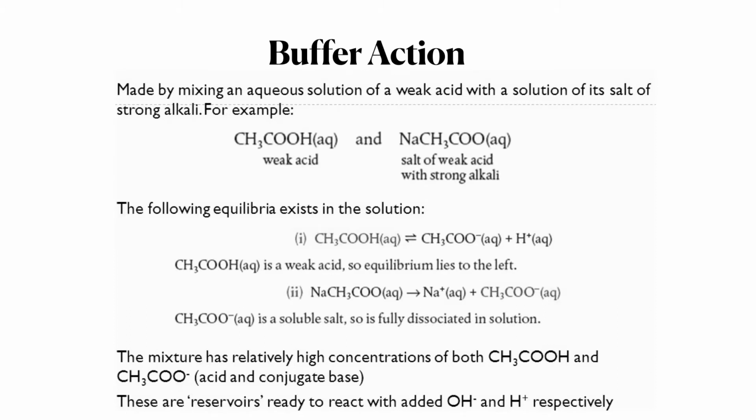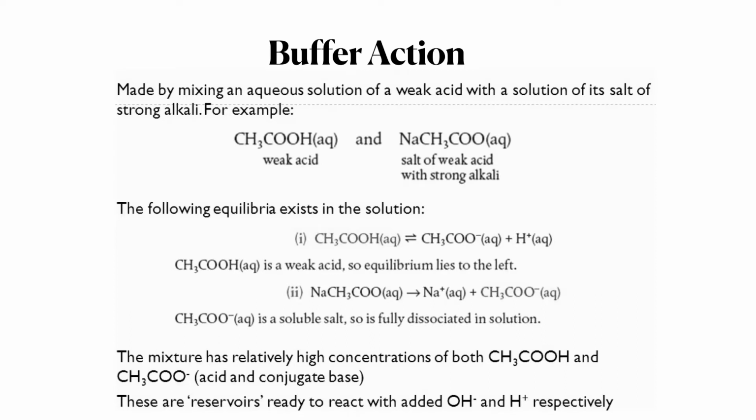How will the formation of water happen here? In this solution, CH3COOH and CH3COO minus are there. So this OH minus will react with what? CH3COOH. CH3COOH will react with OH minus and form acetate ions. What are acetate ions? CH3COO minus.